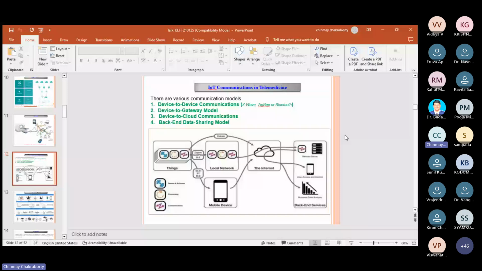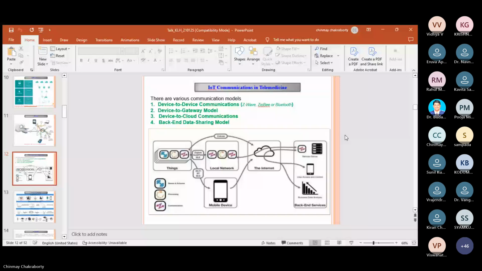And from the communication point of view, we are acquiring the data from several sensors. After acquiring the data, there are two steps: one is the short range communication mode, another is the long range communication mode. The short range, we have already discussed, you can use IEEE 802.11 or the IEEE 802.15 family.